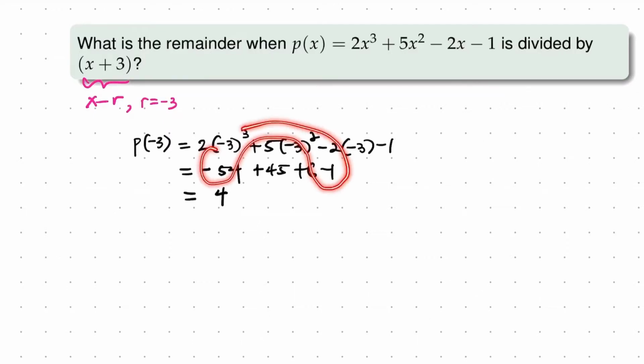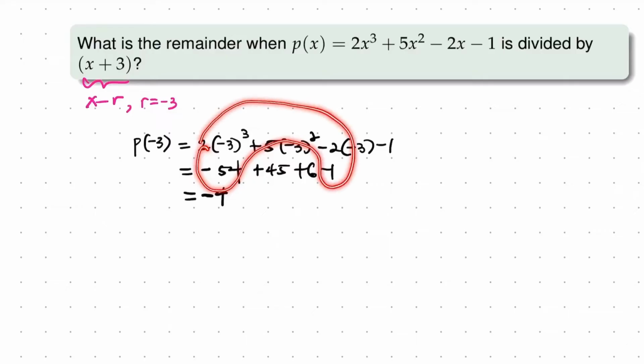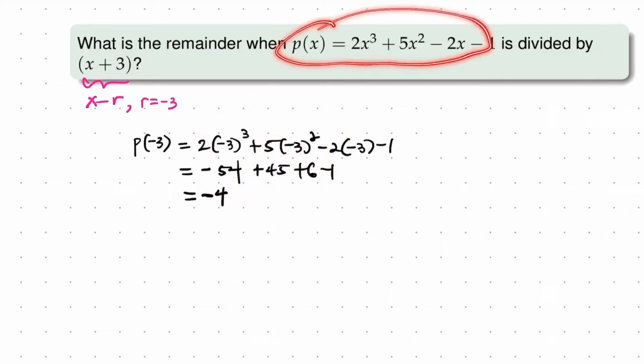Negative 55, negative 10, plus 6. Check nga natin ulit. Mahina ako sa arithmetic. So, this part, negative 55, plus this negative 10, plus 6, negative 4. Okay, so the remainder when p of x is divided by x plus 3 is negative 4.